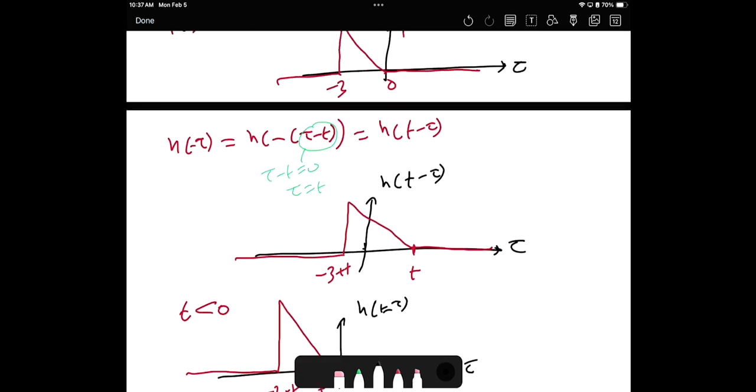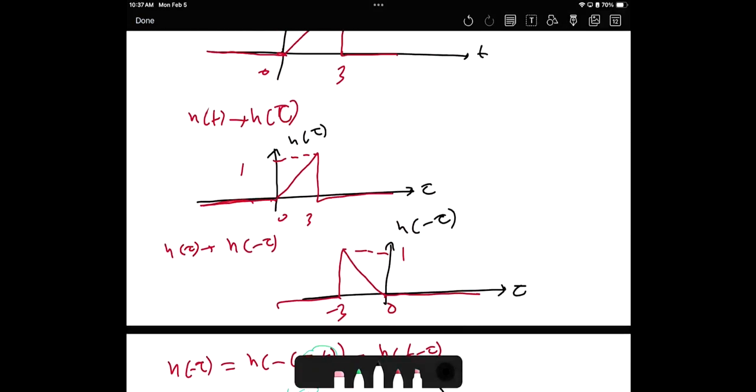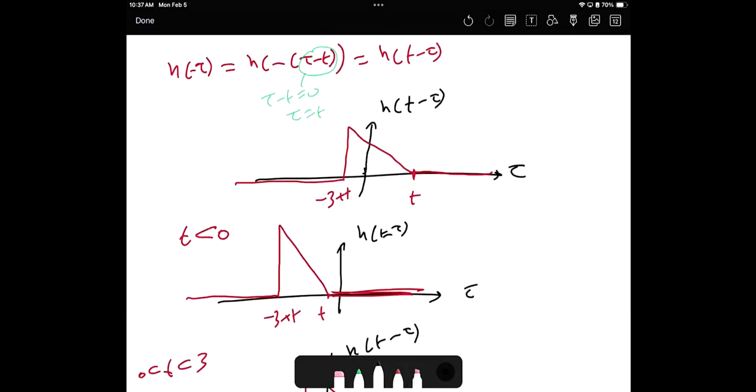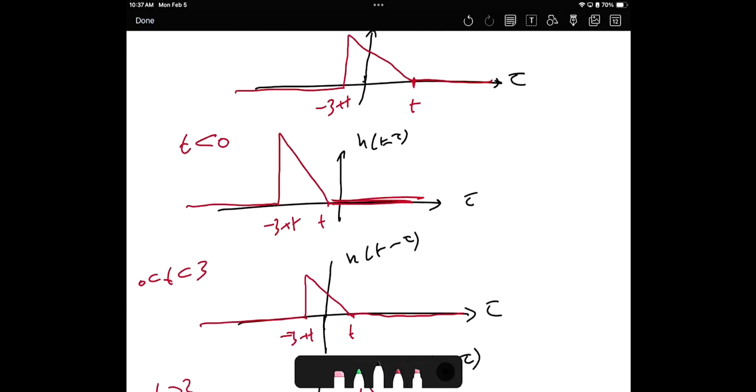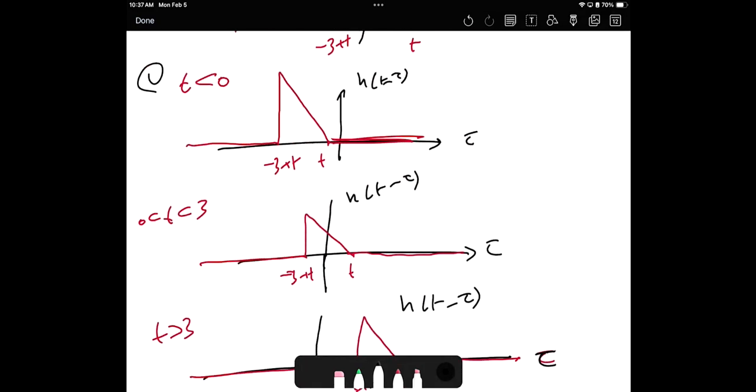So far, when we did h of negative t, everything was good. But when we make t minus tau, there is something that makes it more difficult, because we don't know the exact value of t. T can change. Why did I choose t less than 0 and t between 0 and 3?